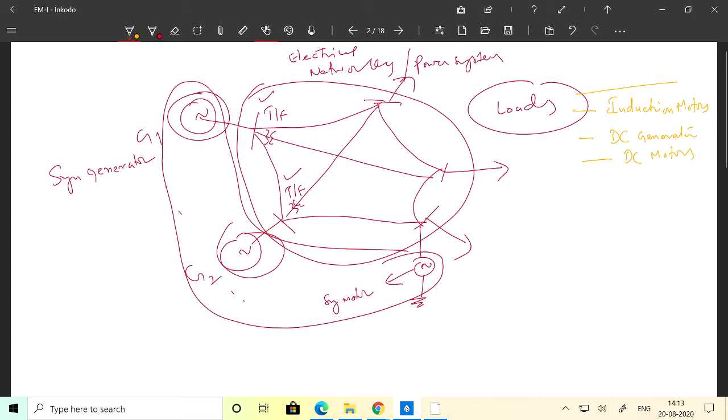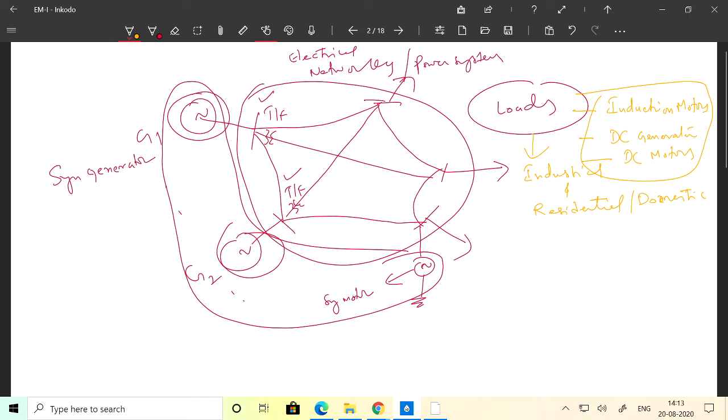Now if you see these loads, they may be industrial and residential or domestic in nature.